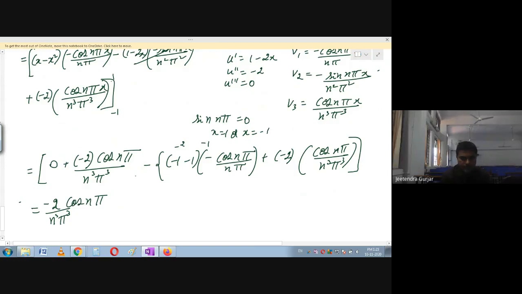Plus into minus, it will be minus 2 cos n pi upon n pi. Here again minus 2 cos n pi upon n cube pi cube. Yes, please check once again.